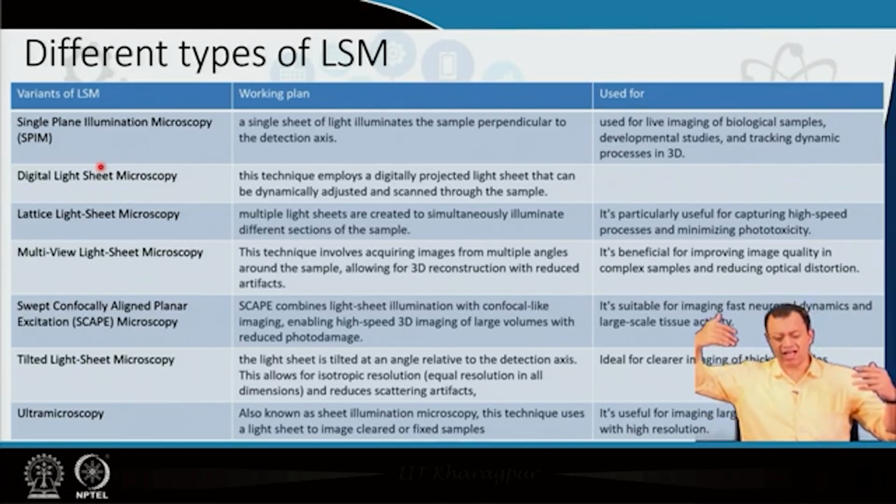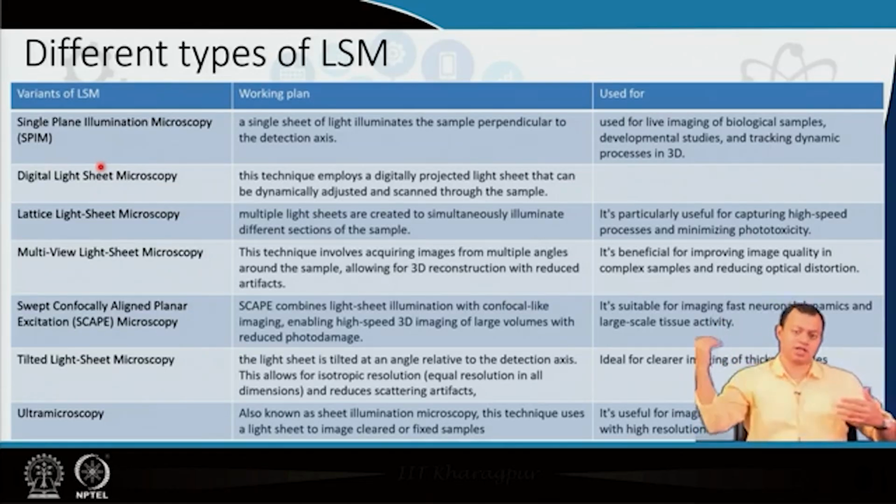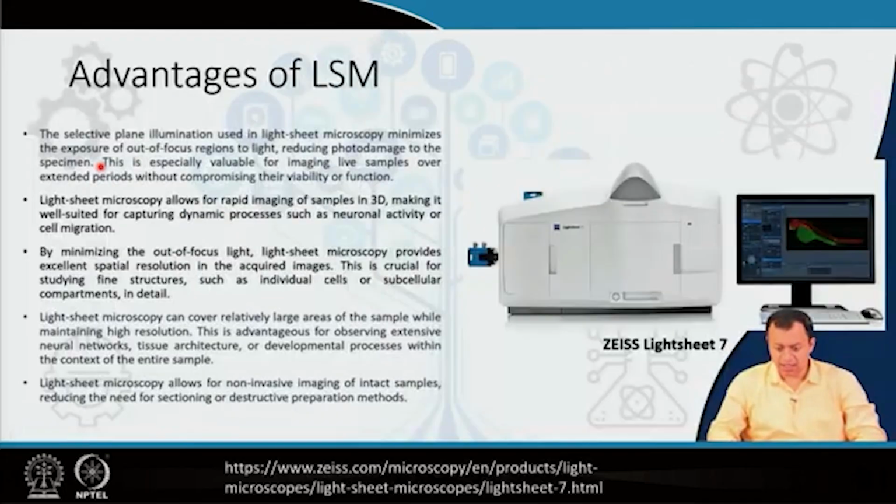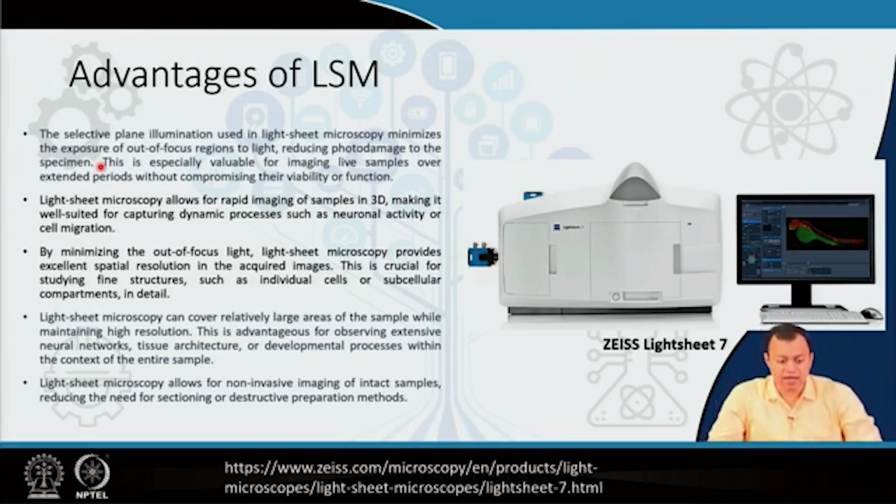The angle of detection and illumination remains more or less 90 degrees, but they can use multiple detectors at different angles and complementary orthogonal multiple illuminators at different angles. So, this is the quite popular one, Zeiss Light Sheet 7.